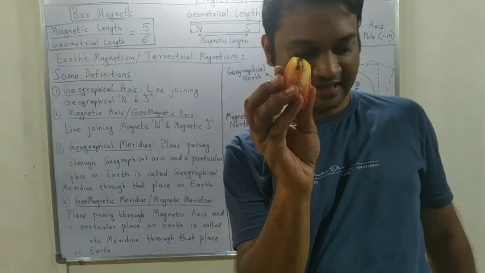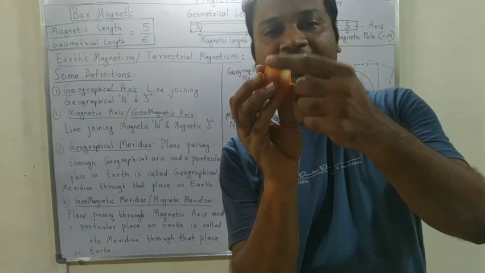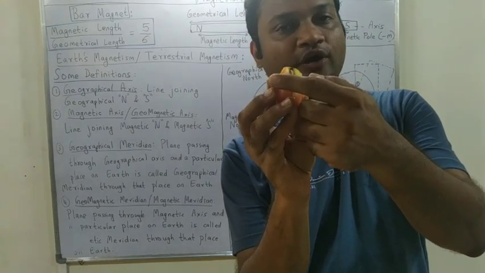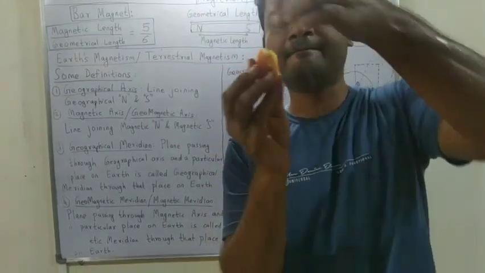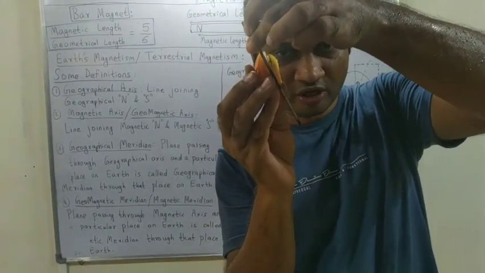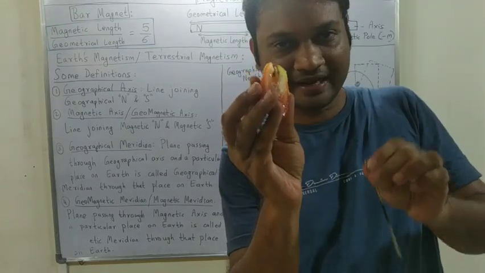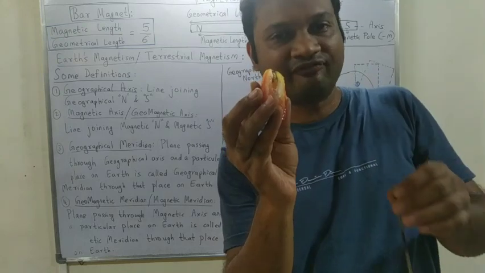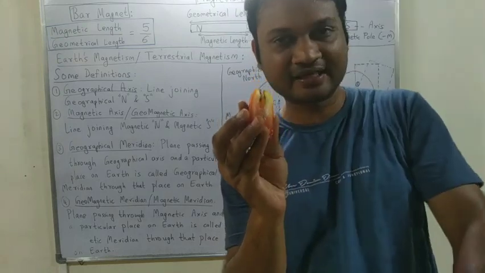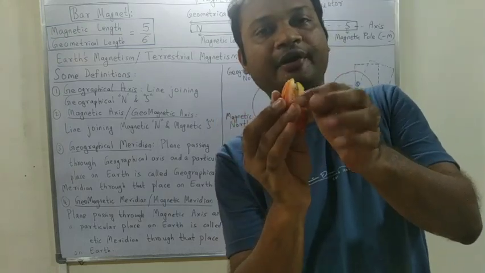This plane is such that the knife cut the point on earth and the line which is the magnetic axis. Magnetic axis, if you remember, was like this. The knife cut this magnetic axis and a particular point on earth.